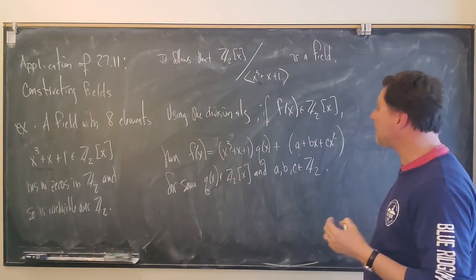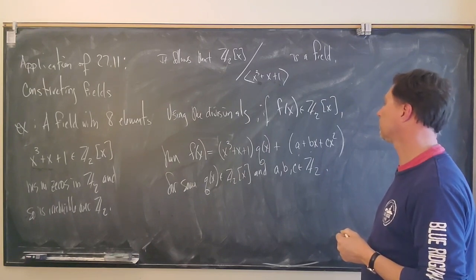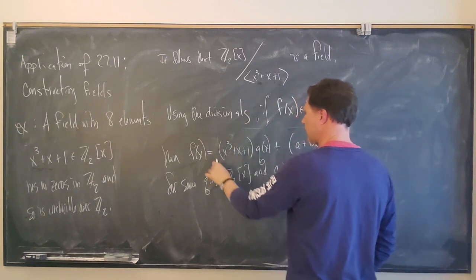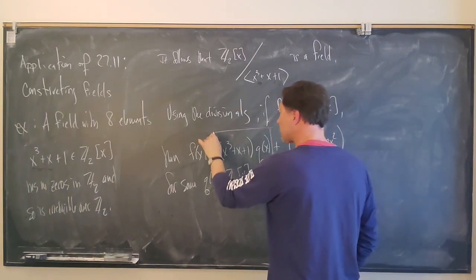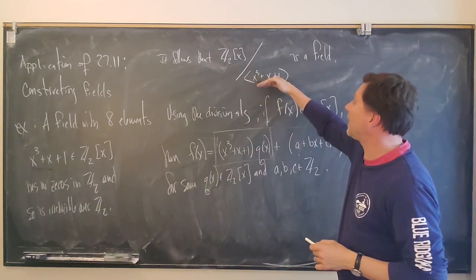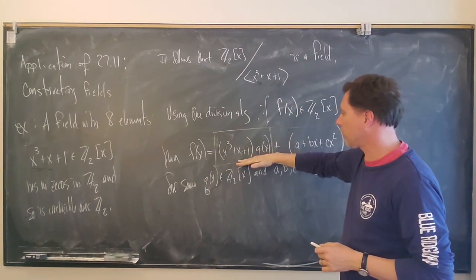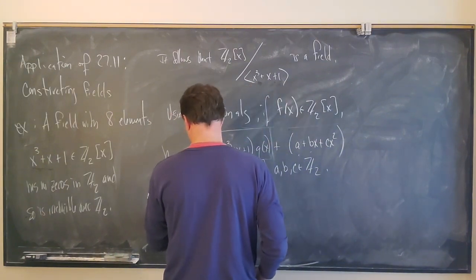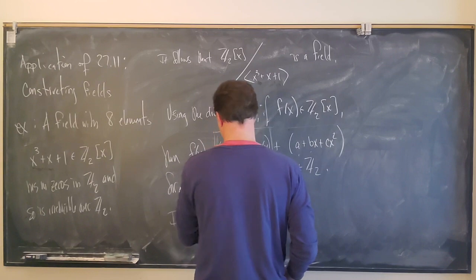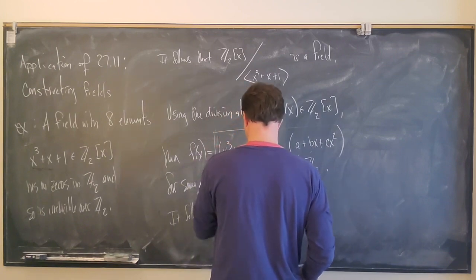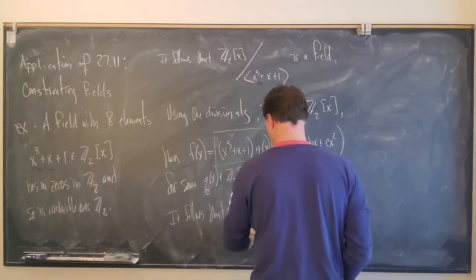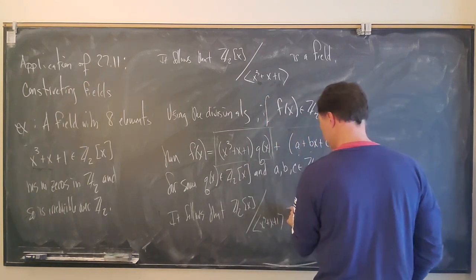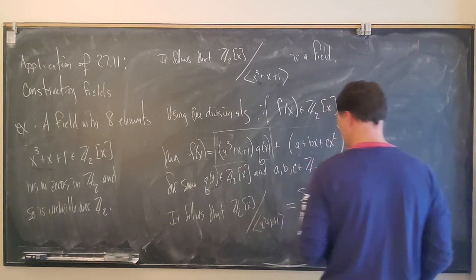Okay, so let's notice that this product right here lives inside that ideal. So it follows that Z_2[x] mod the ideal generated by x cubed plus x plus 1 is equal to the following set.